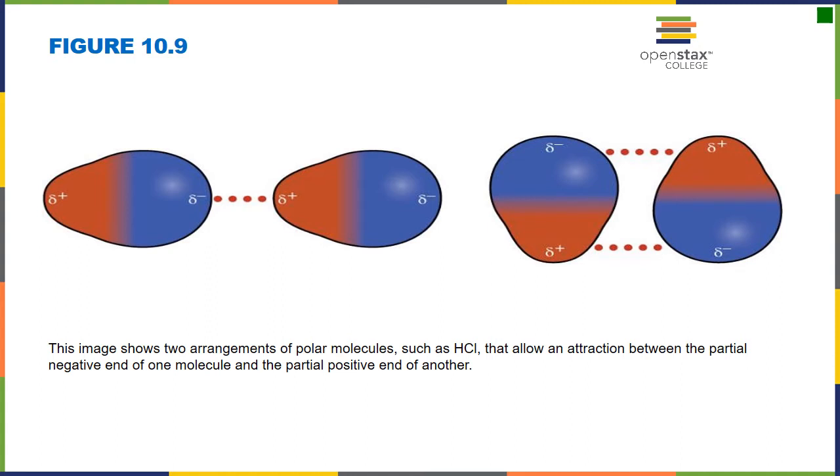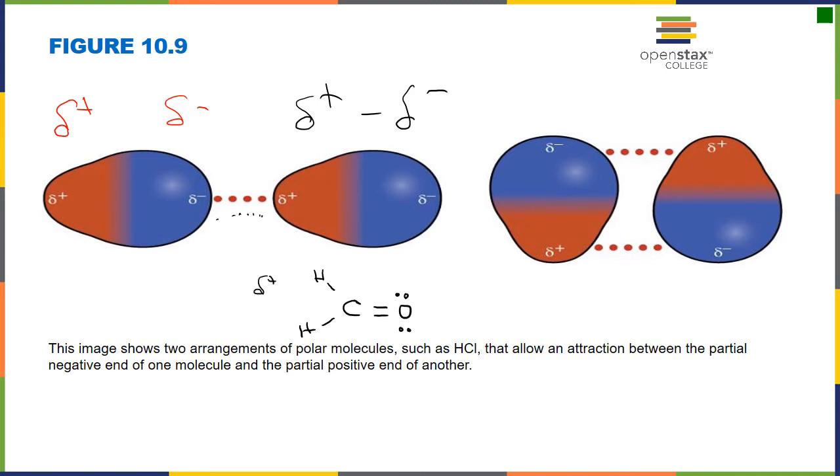So polar molecules are going to have a partial positive and a partial negative end, and then they are simply going to stick or interact with the partial positive, the partial negative end of another molecule. So if we had something like formaldehyde, which looks like this, we know that this end has lower electronegativity, making it partial positive.